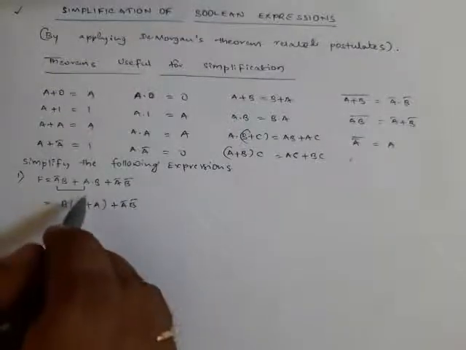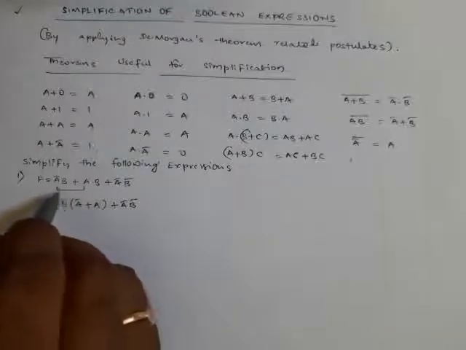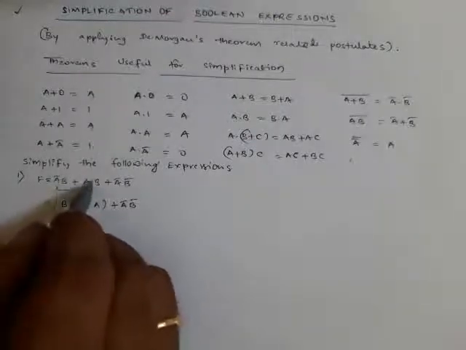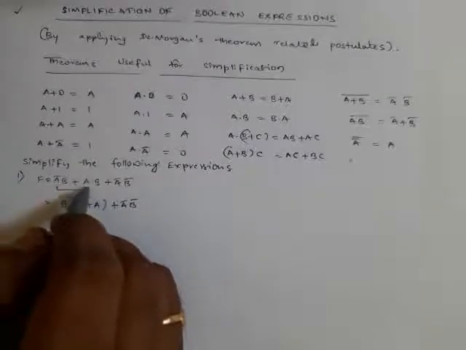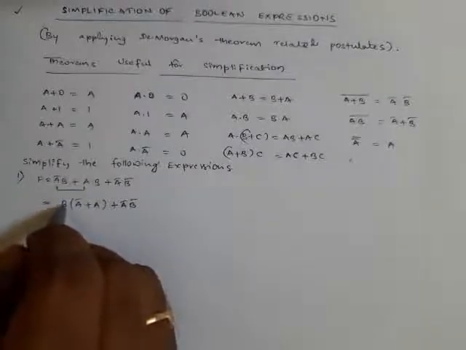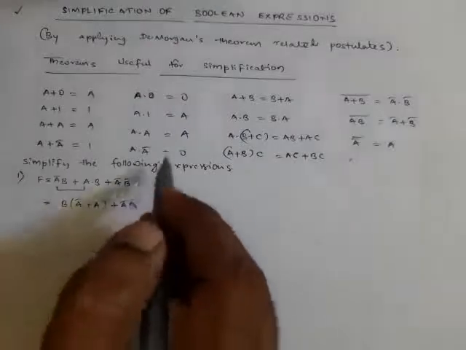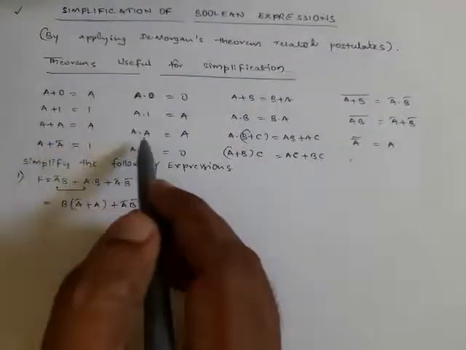Why have we selected only these two terms, and why have we taken the b variable outside? That depends on which theorems we can apply.